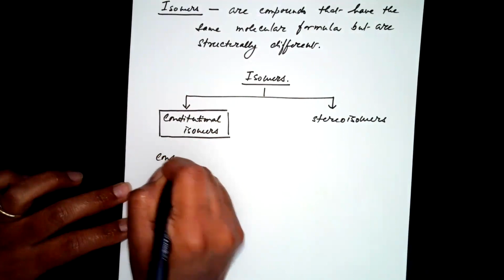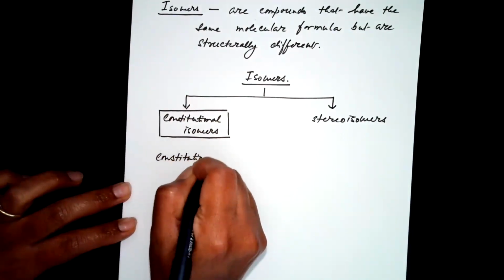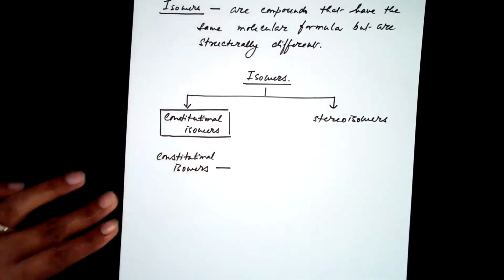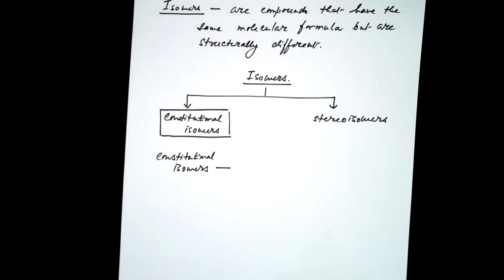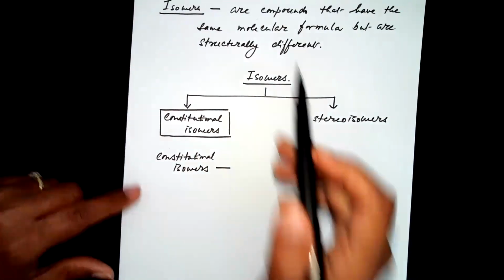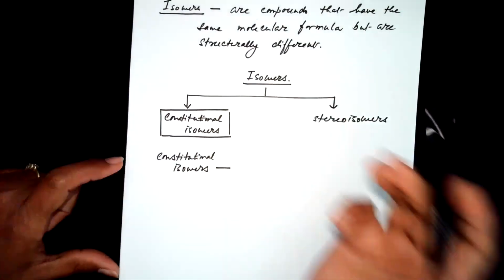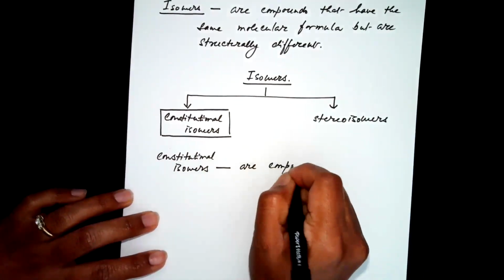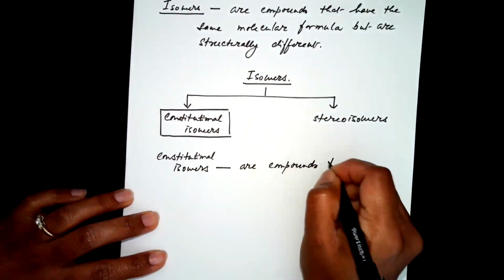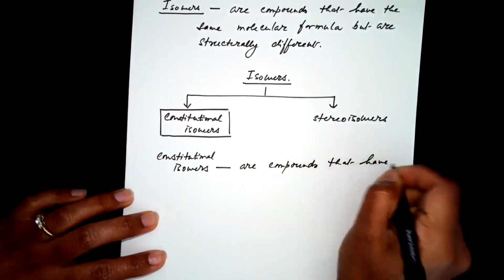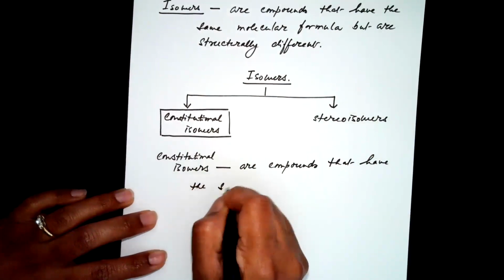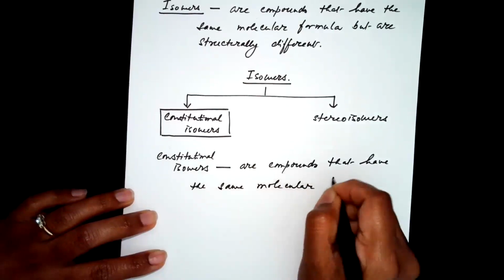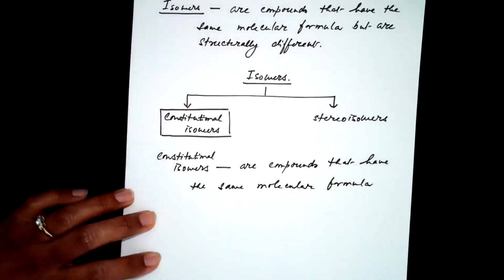Now, what are constitutional isomers? Just like the general definition of isomers, the first point has to be valid, that these are compounds that have the same molecular formula. So constitutional isomers are compounds that have the same molecular formula.